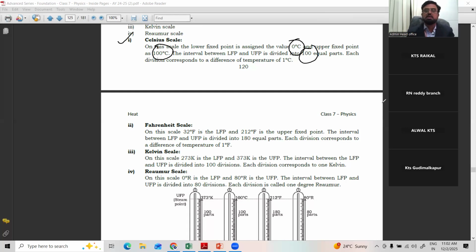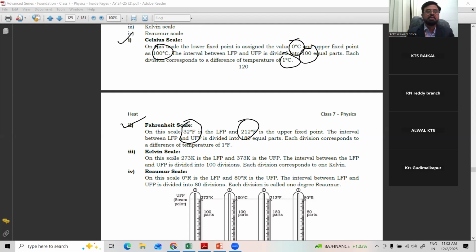Total 100 divisions. Each division corresponds to a temperature of 1 degree.